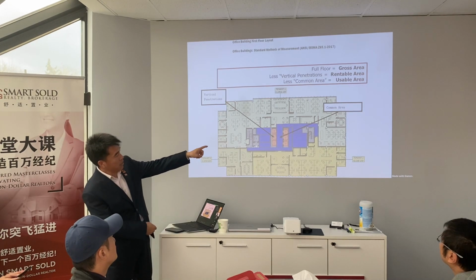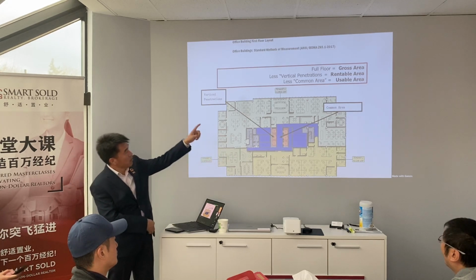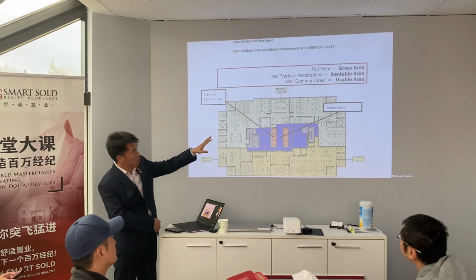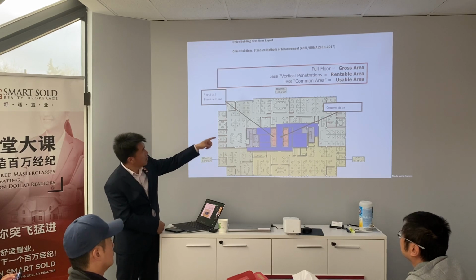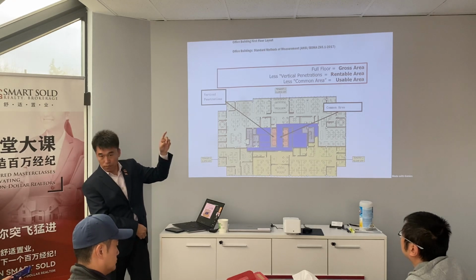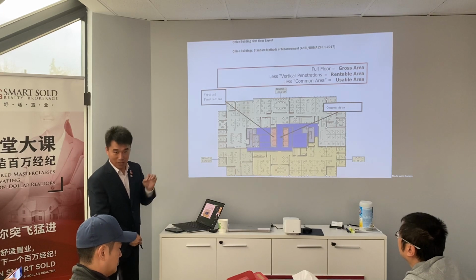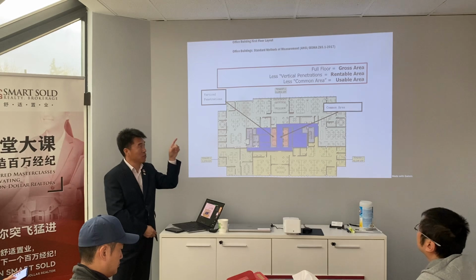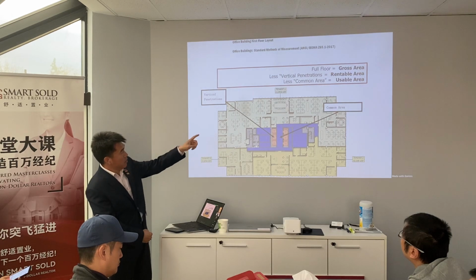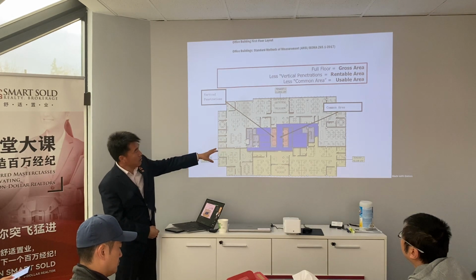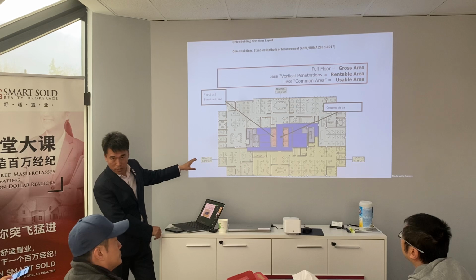And the common area, say for the lobby, on this ground floor, the gross area is the full floor, the whole floor, minus the vertical part is rentable. The rentable is for the landlord, for the rental. Rentable means you calculate your rental based on the rentable area.